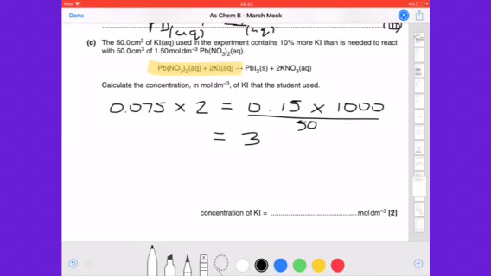Because your concentration was 10% higher than expected, you would then do 3 times 1.1, which gives you your concentration as 3.3.